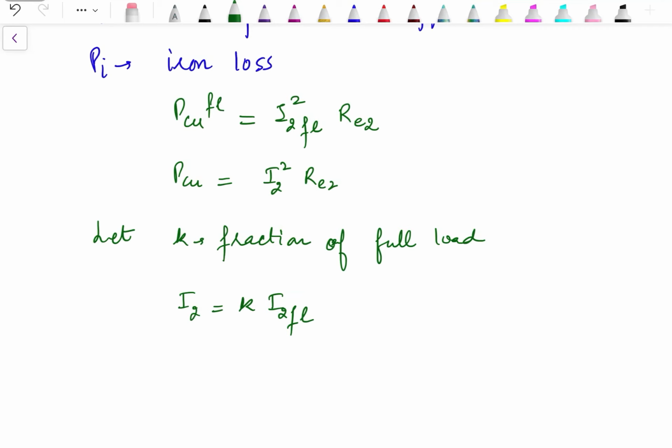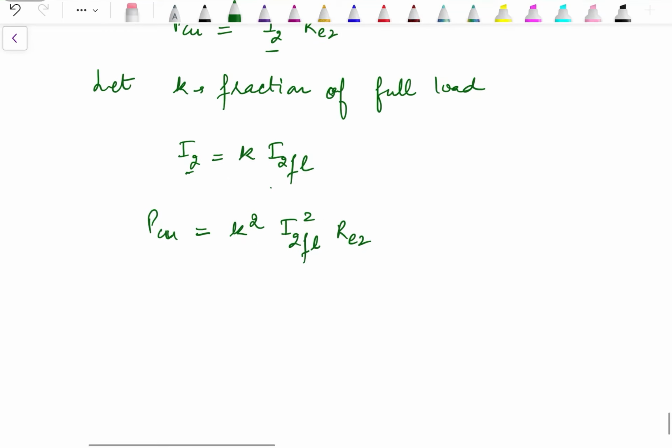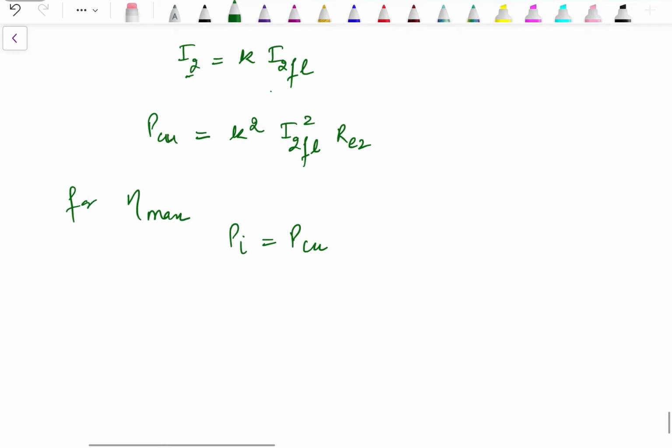So PCU can be expressed in terms of full load current by using I2 equals K times I2FL. So PCU will be equal to K square I2FL square into RE2. For maximum efficiency, Pi and PCU must be equal. Pi should be equal to K square I2FL square into RE2.